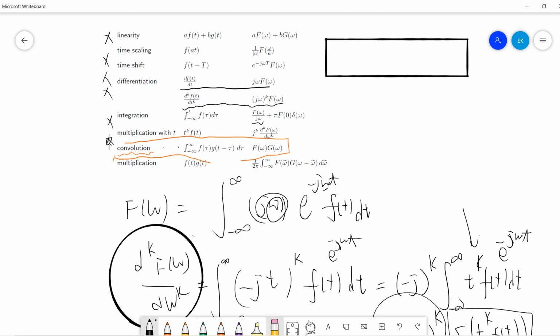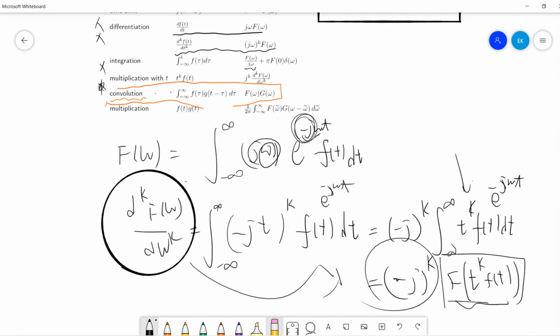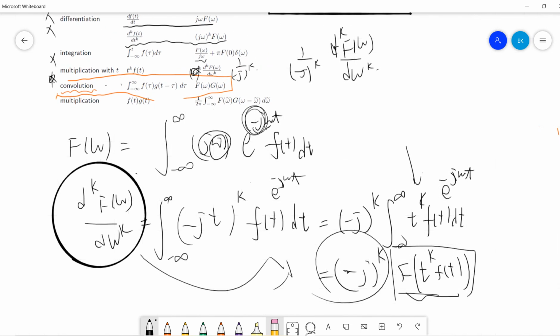Let me see. It depends on your notation, but I think generally this should be minus. So I think there should be minus j to the power k. So I should change it into this, or basically you should change it to this. Okay, yeah. So this should be this one. Now we go back to the convolution.